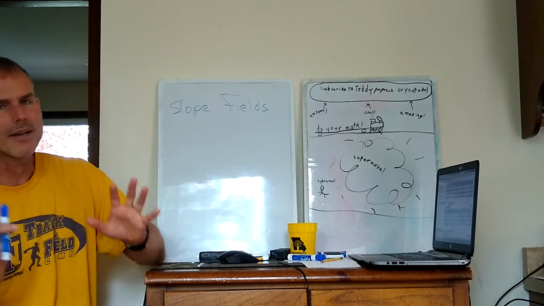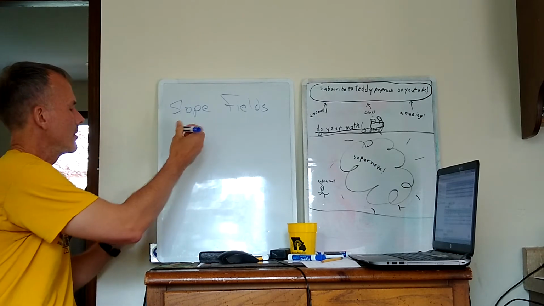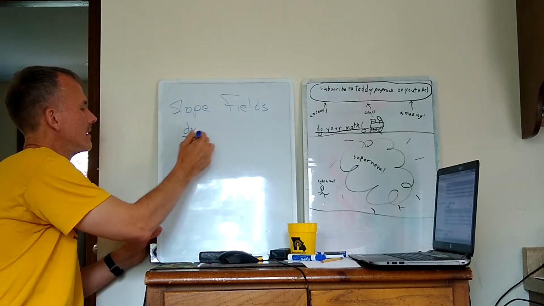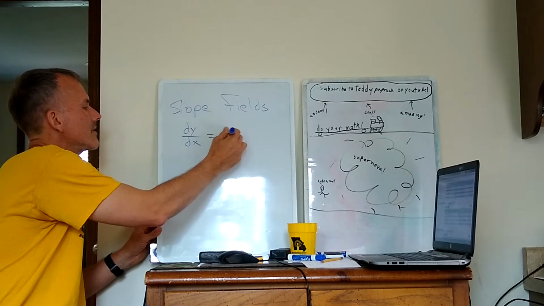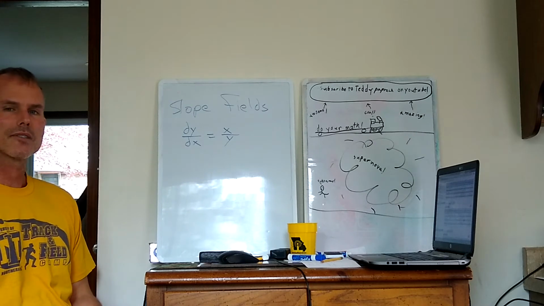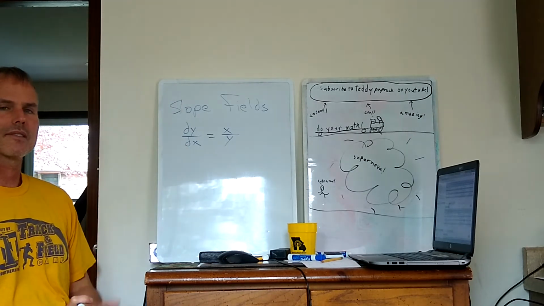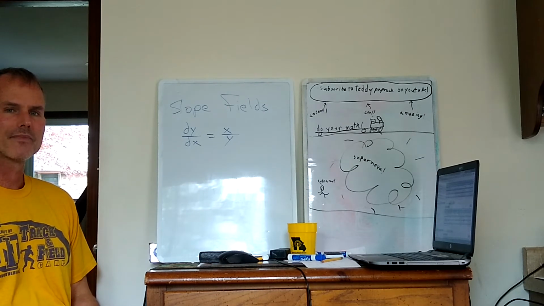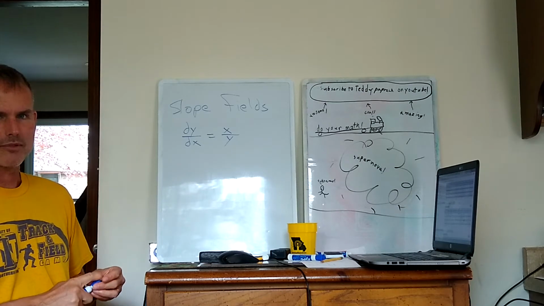So I'm going to put a simple differential equation up here: dy/dx equals x over y. That's a differential equation because it's an equation that contains at least one derivative, and the derivative is right there, dy/dx. Now, I could solve that algebraically. It's a separable differential equation.